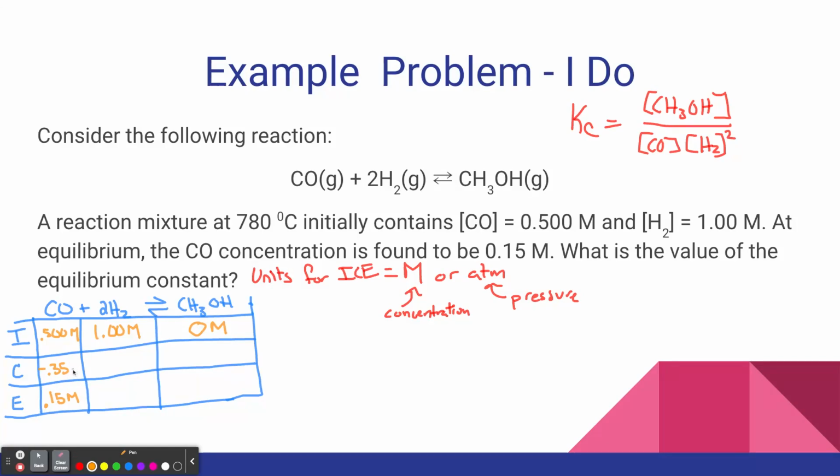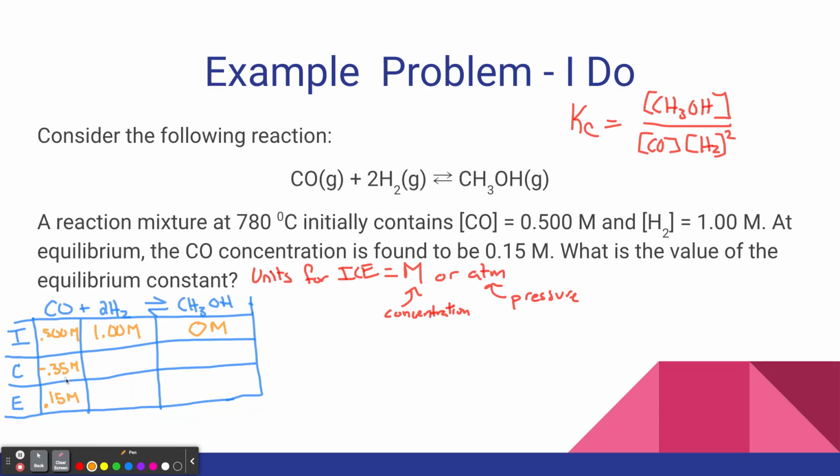Excuse me, folks, 0.35 molar was missing, right? It reacted. So now that we know that 0.35 molar of carbon monoxide is reacting, that's how much concentration reacted in this particular equilibrium.